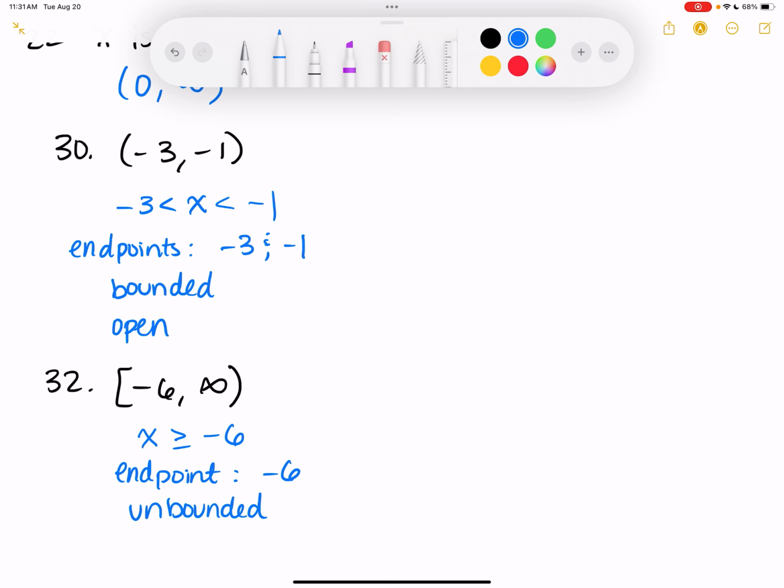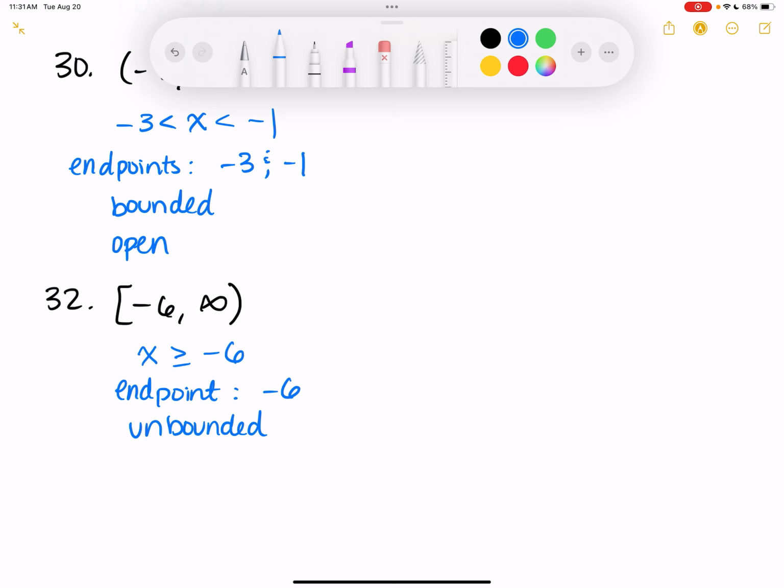And is it open, closed, half open? Half open. No? She said no. Half open. It's closed. If there's an infinity and that has a bracket, it's closed.